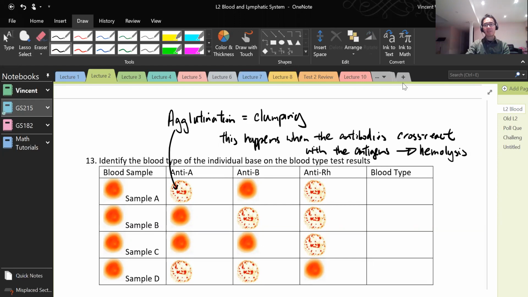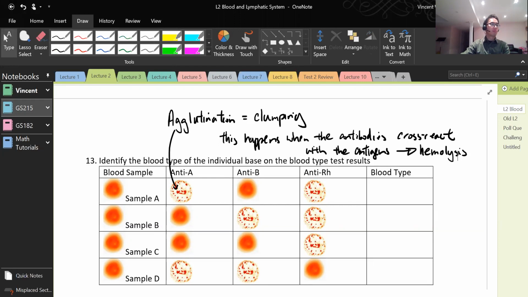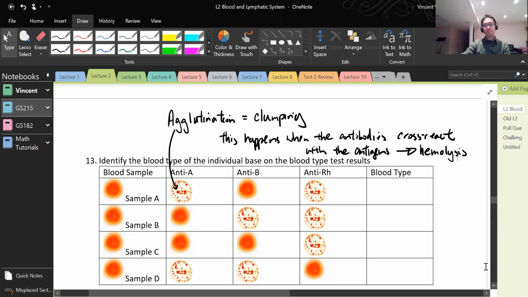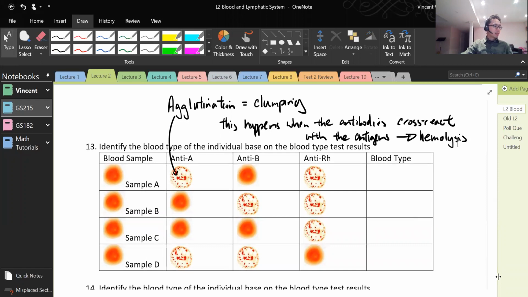If you have massive hemolysis, it's a very serious thing. Your red cells are going to be ruptured. You're not going to be able to circulate oxygen. It could potentially be fatal. Okay, so we don't want that.